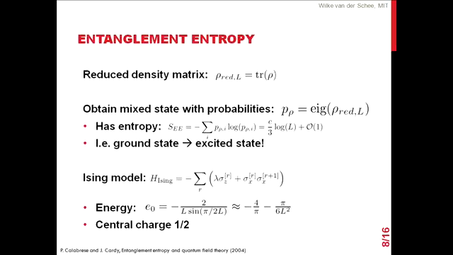And then the question is, of course, how to expand the ground state of the full system into these excited states of this subsystem, and that's basically what this entanglement entropy is supposed to tell you, and that is why we get this entropy. So this is what I wanted to explain a little bit. At least that's one way of thinking about it. That's how I think about it.